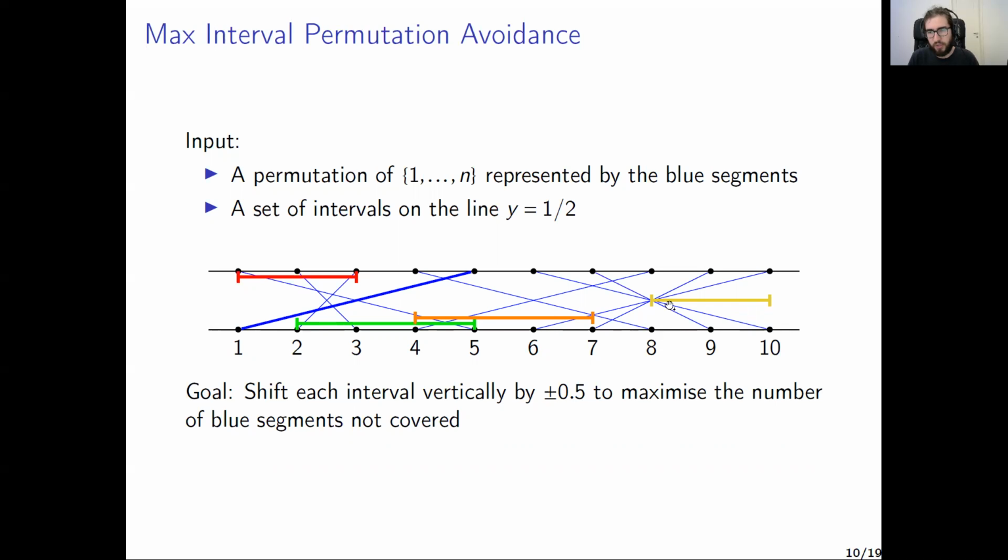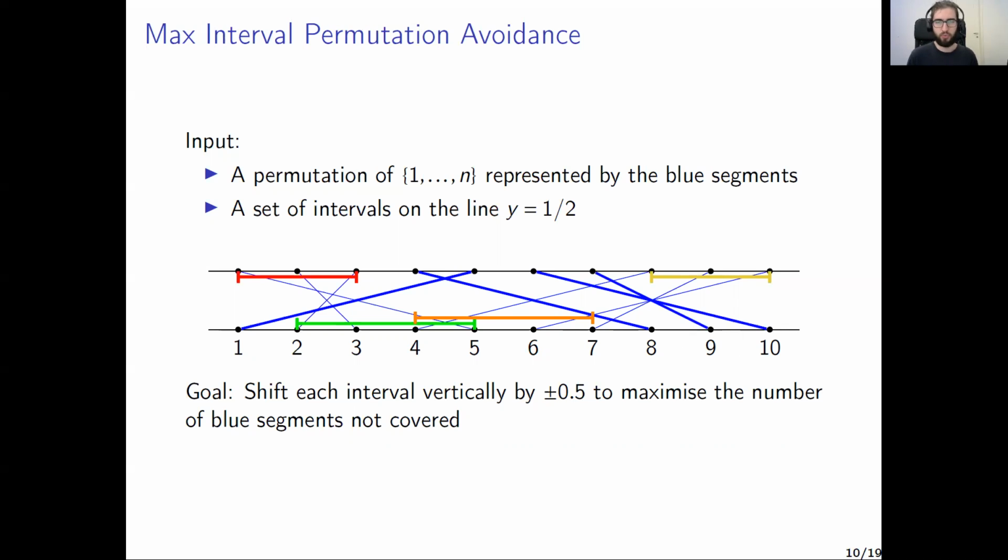If we shift the yellow interval below, then this blue segment will be covered. So let's not do that and shift the yellow interval above. Here you can see that this blue segment is uncovered, and there are also 2 blue segments which are uncovered. So in total, we have 4 blue segments that are uncovered.